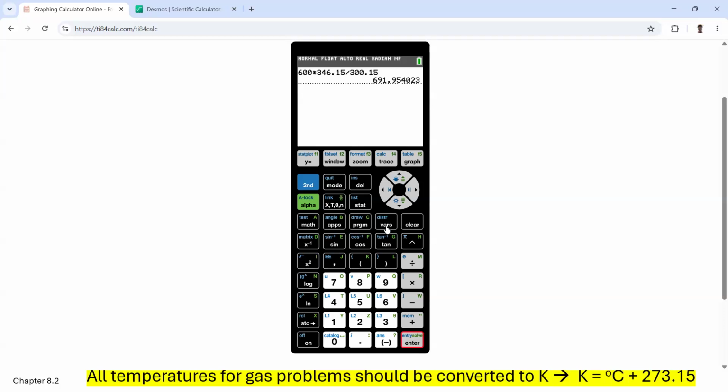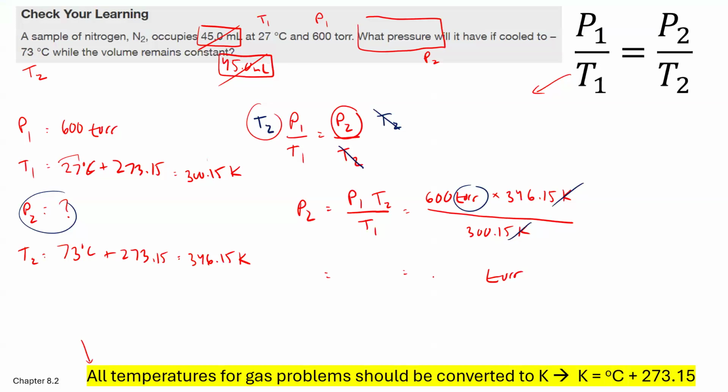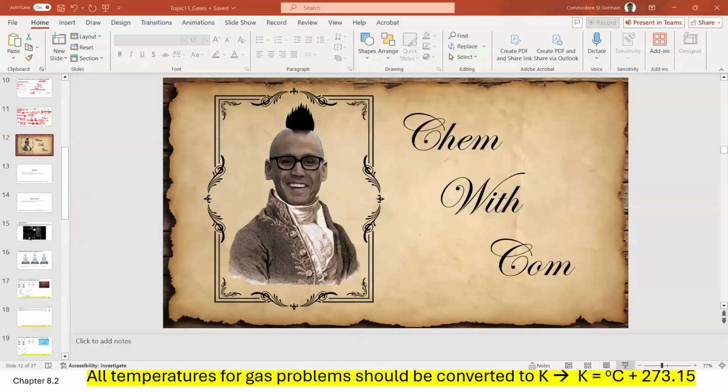I'm going to say 692 just for rounding. So let's say 692 torr. Since we have two sig figs here and two sig figs here, we can't have too many sig figs, so it looks like it's going to be 700 torr, right? All right, let's take a look, make sure that was fine.